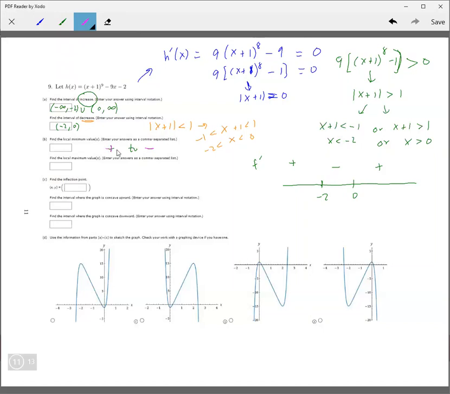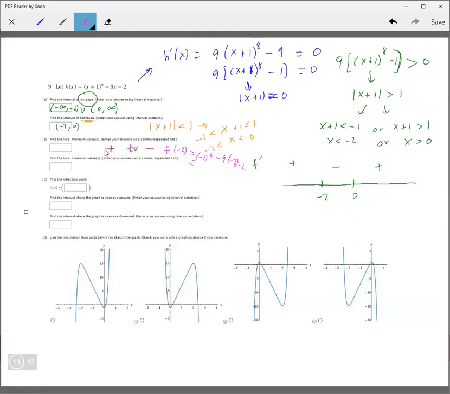Dang it, my colors are all over the place now. And let's do this right here. So what you're going to do is calculate f of -2, which is -1. Is it? No. I got mixed up.